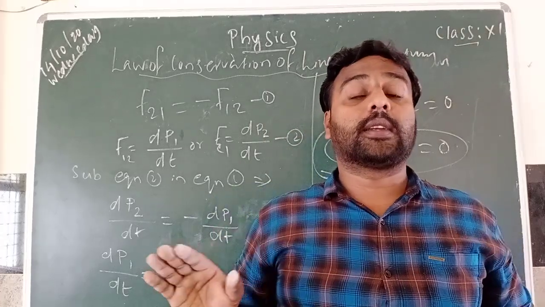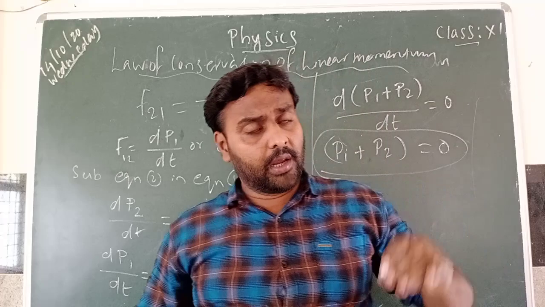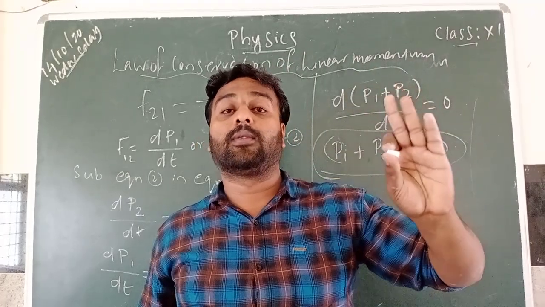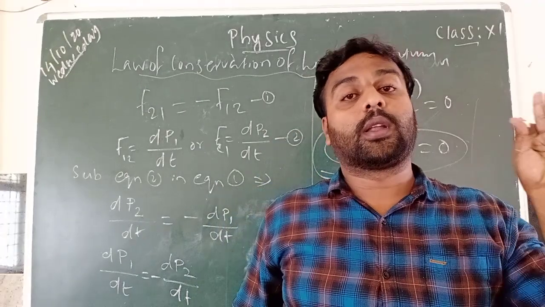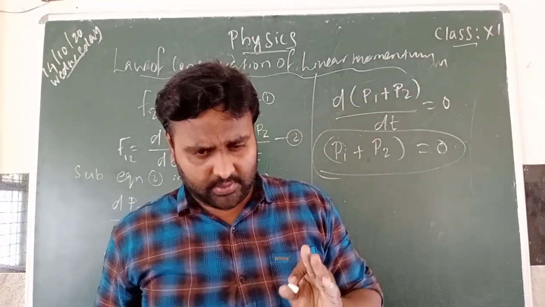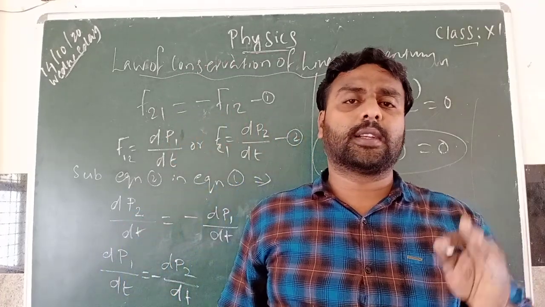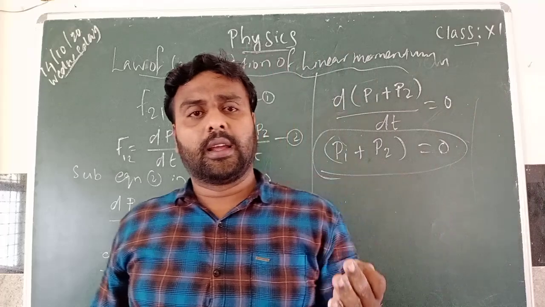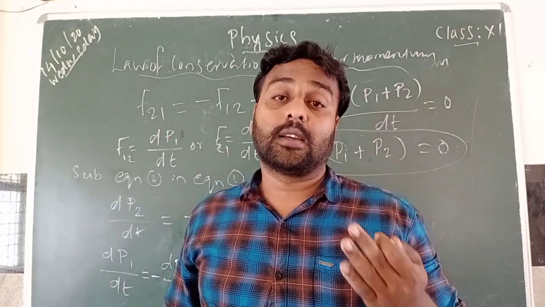You can see in page number 131 there is a law. There is no external force acting on it, given in italics. If there is no external force acting on the system, then the total linear momentum of the system is a constant vector, or in other words, you can say the total linear momentum of the system is conserved.